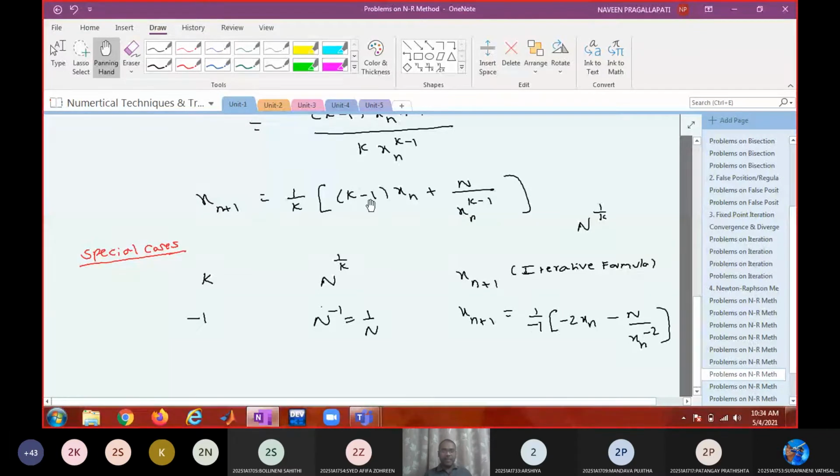Minus 1, minus 1, minus 2, minus 2. n is same, xn is same. So what is the simplification? Please tell me. 2xn plus minus into minus plus 2xn plus n into xn square. Am I right? Please respond.